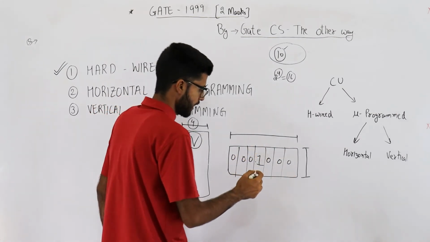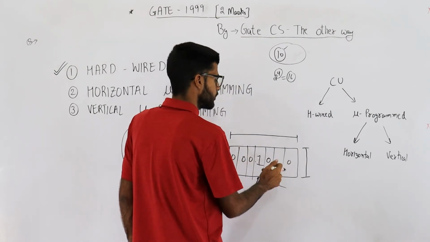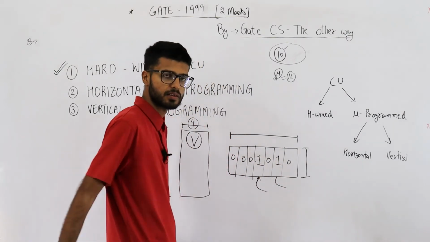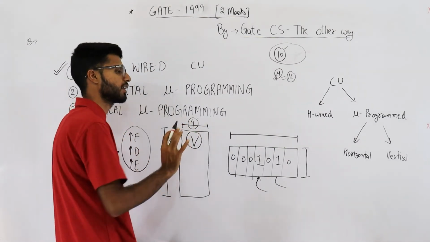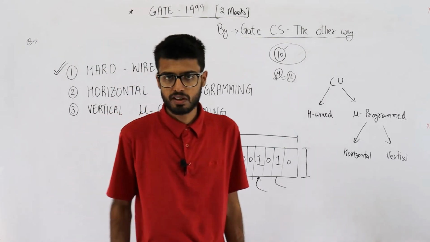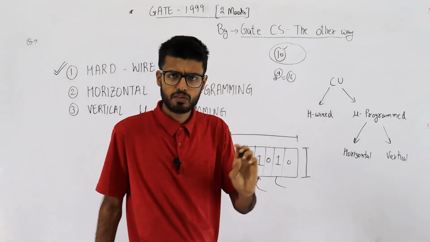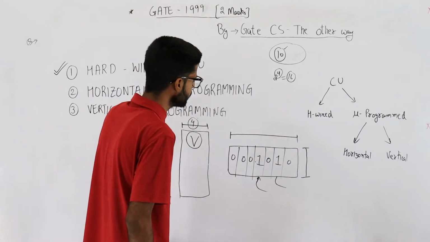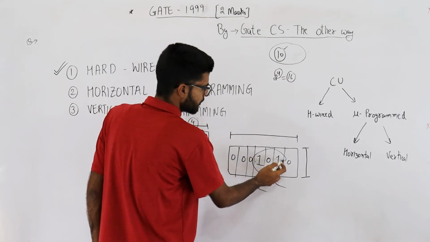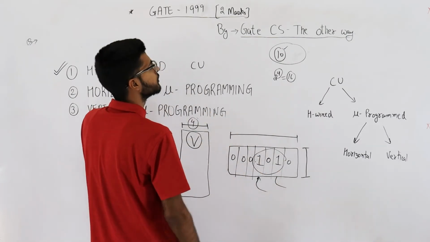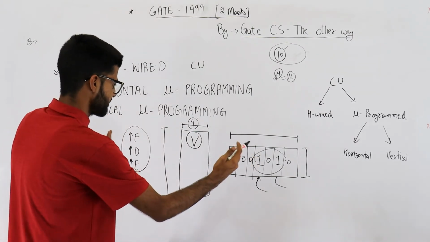Say at some time you need 2 of the control signals to be high. You'll just save 1 there also. But in this one it's not possible because these 4 bits at any time can represent only 1 out of the 16 possibilities, that is, 1 out of the 10 possibilities. So here fewer instructions are needed because you are compressing data this way. Here more instructions will be needed.